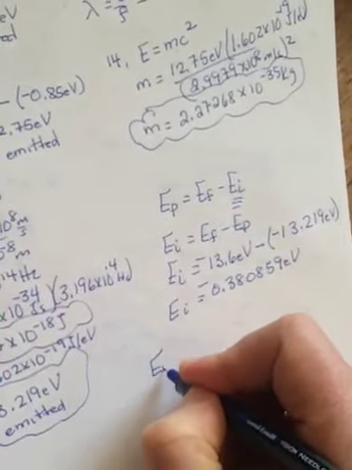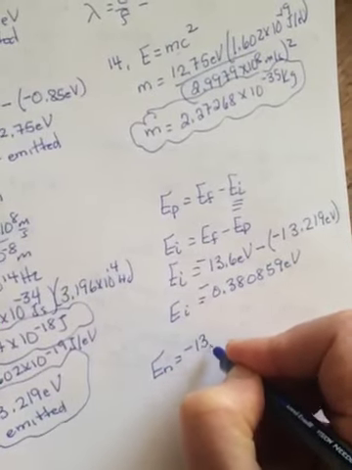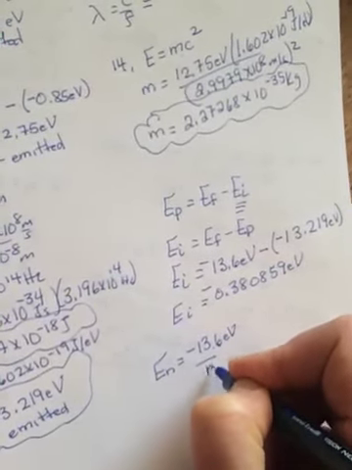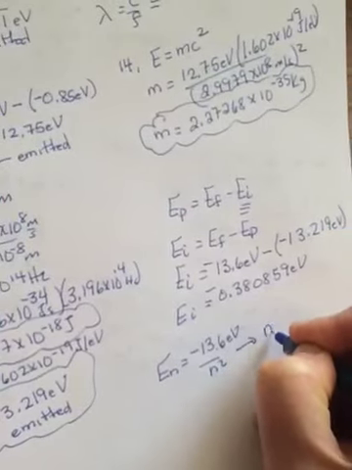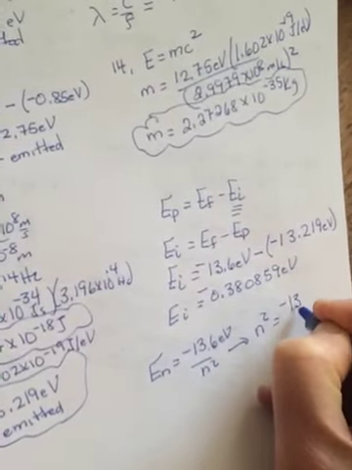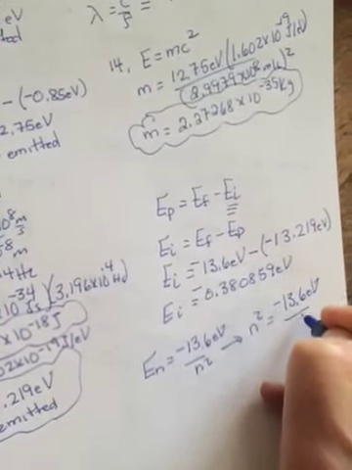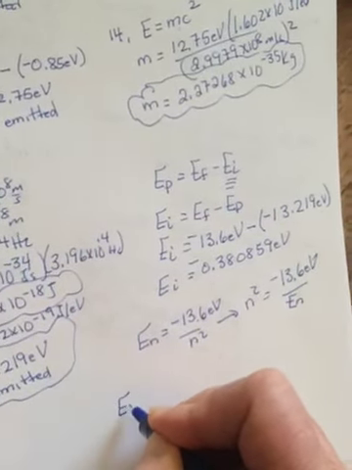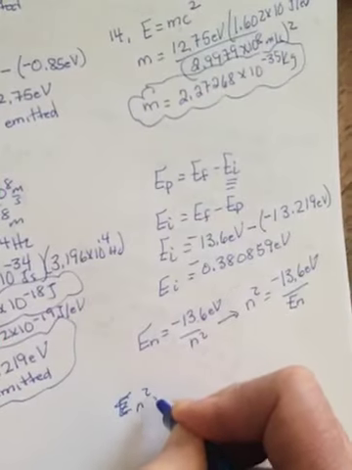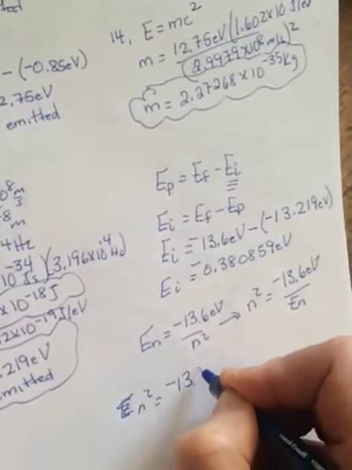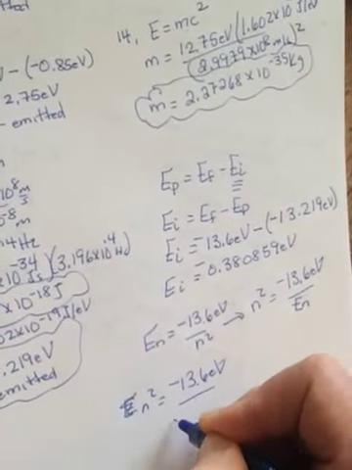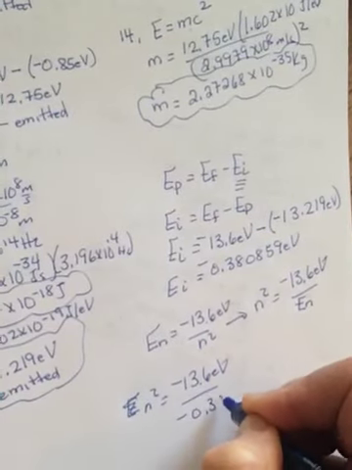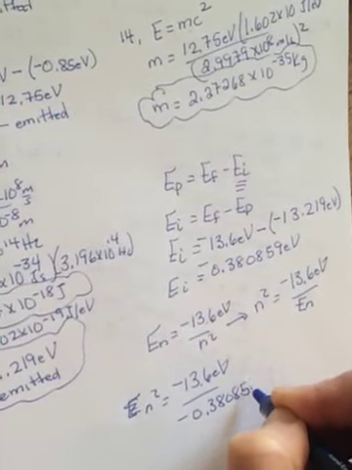So now we go to En is equal to negative 13.6 electron volts over N squared, and we solve for N squared. So negative 13.6 electron volts over the E that we just found. N squared is equal to negative 13.6 electron volts over negative 0.380859.